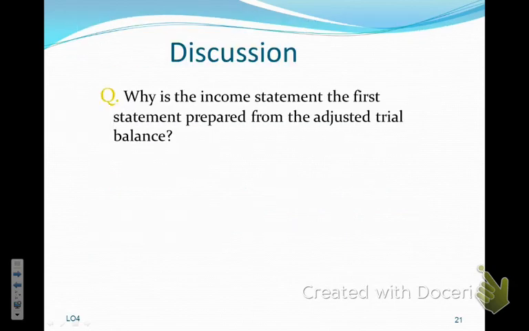So why is the income statement the first statement that we prepare from the adjusted trial balance? What is significant about the income statement that we need to prepare it first from the adjusted trial balance?